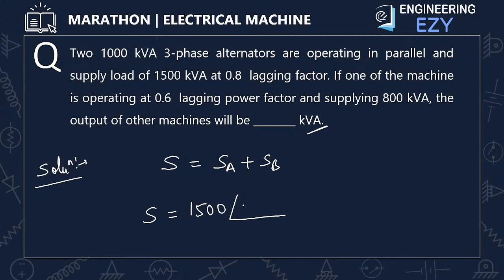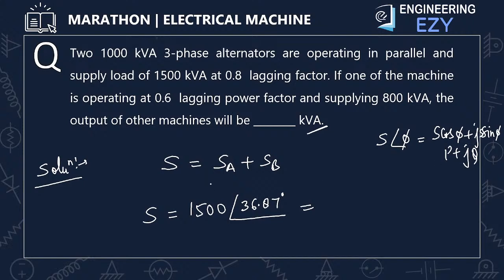Cos inverse 0.8, students know, is 36.87 degrees. It can be written in P and Q terms as S cos phi plus j times S sin phi. This is P plus jQ.